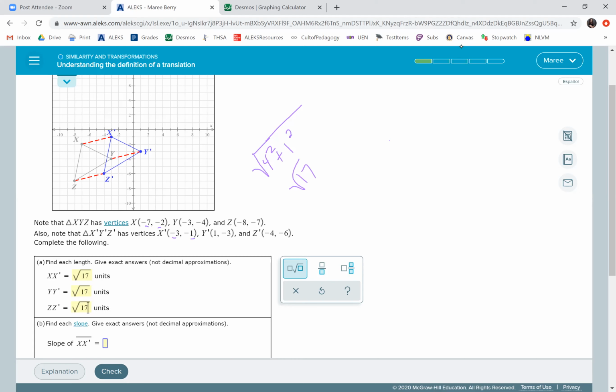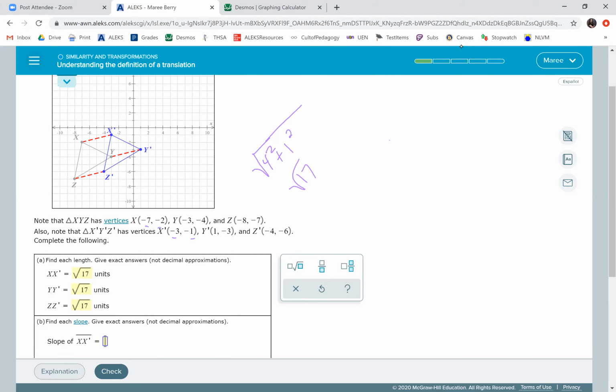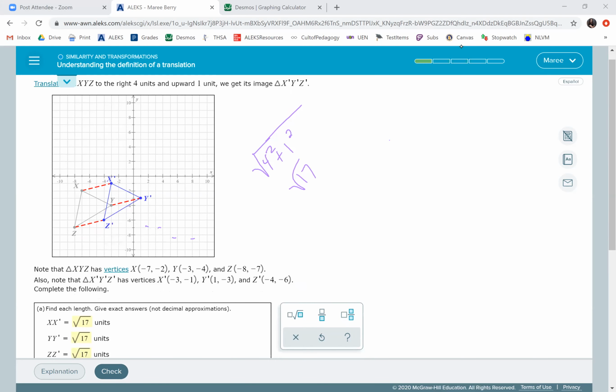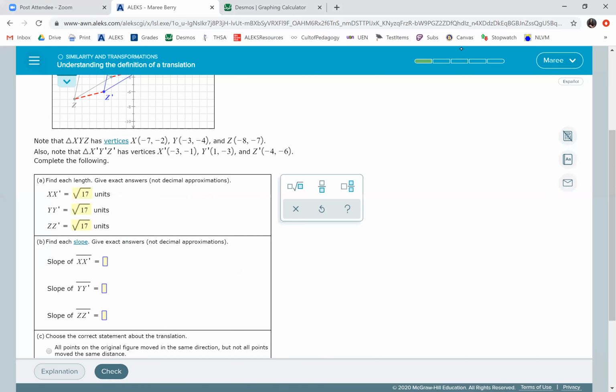Then I want the slope between x and x prime. This is a positive slope, and it's up 1 and over 4, so 1/4. I'm going to type that in for all of them.